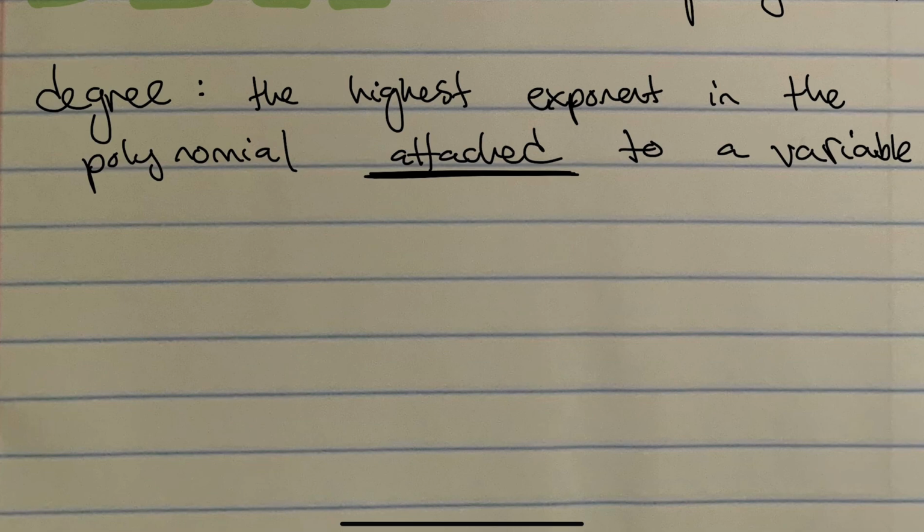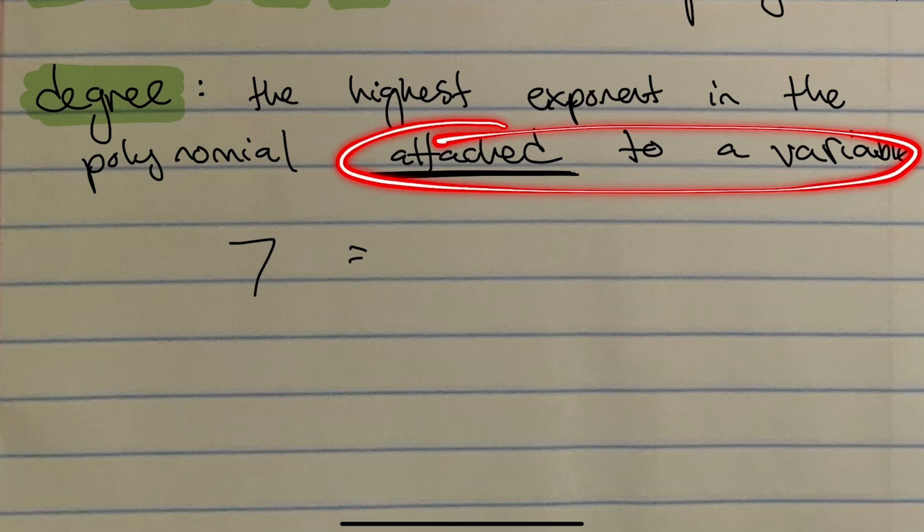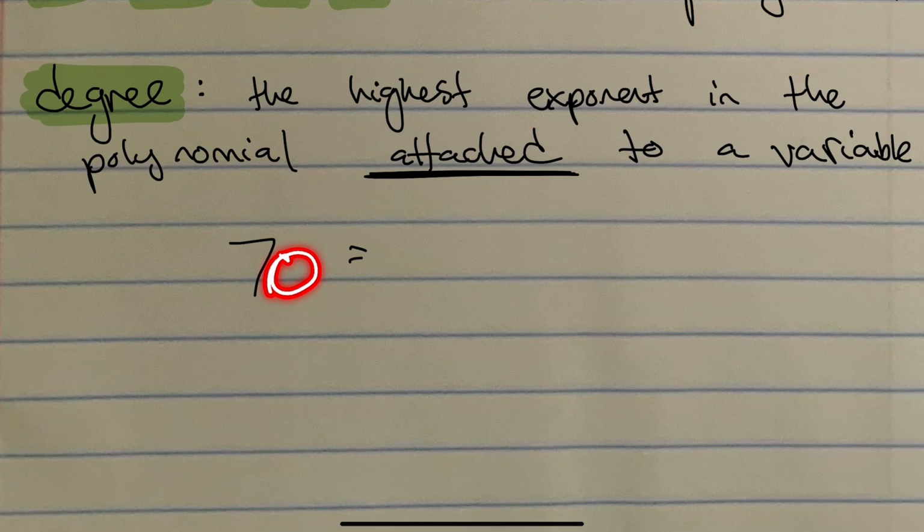Now that's a really big part of this, is the attached to a variable part. So when we think about degrees, there are also going to be different names for different degrees. So let's say we had a polynomial that's just a number. Let's say that number is 7. Remember in that definition it says that it's attached to a variable, but there's no variable here. It's just a number.